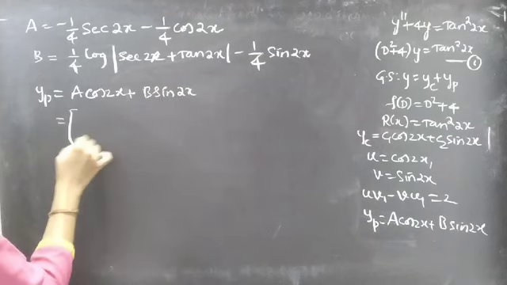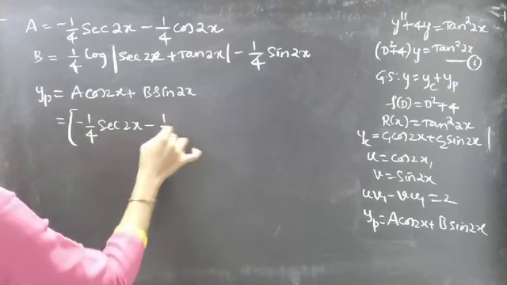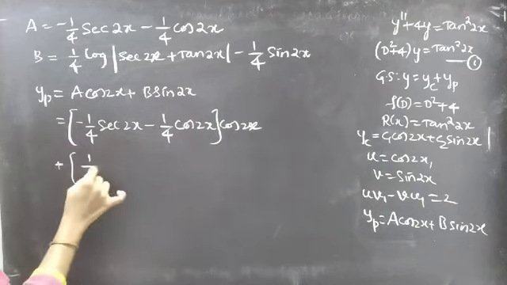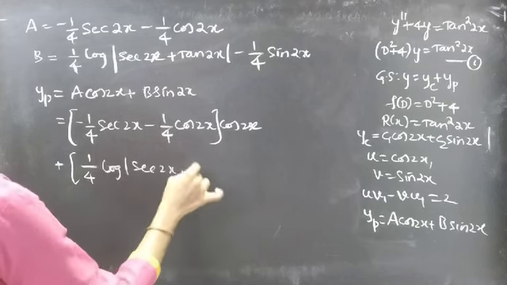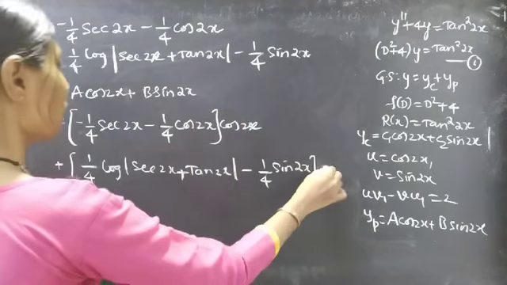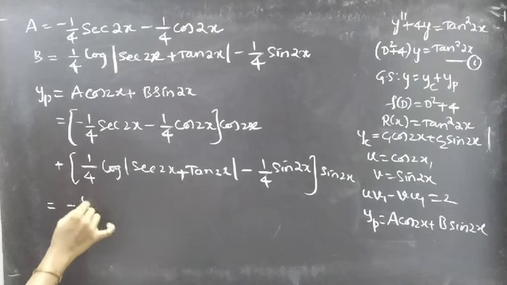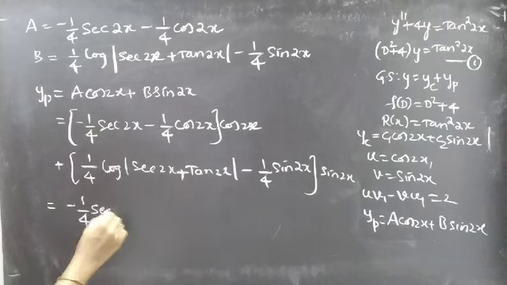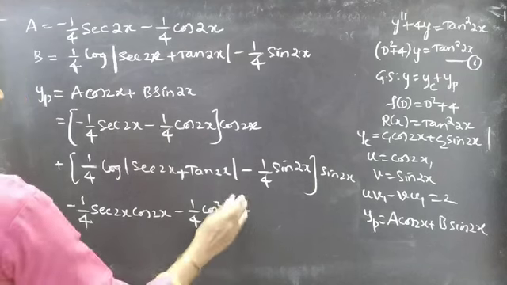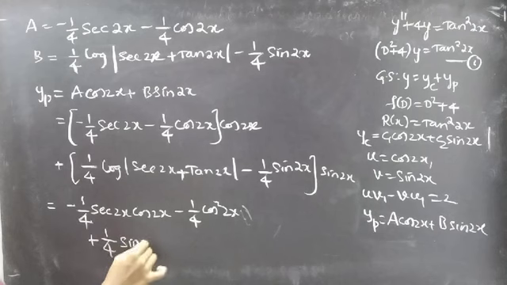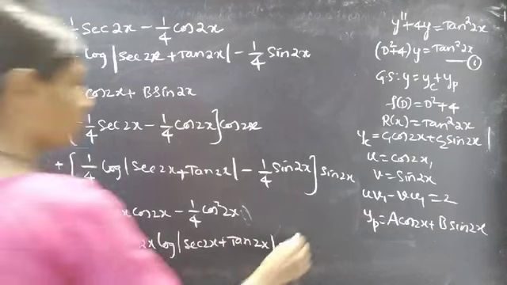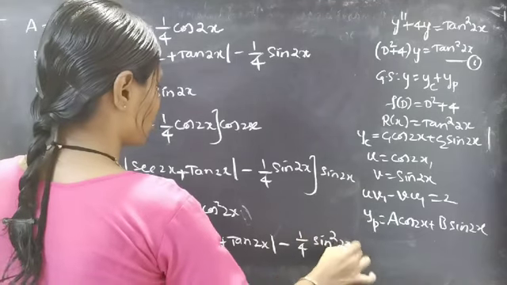Now substitute a and b here, where a is minus 1 by 4 secant 2x minus 1 by 4 cos 2x into cos 2x plus b, 1 by 4 log mod secant 2x plus tan 2x minus 1 by 4 sin 2x into sin 2x, which is equal to minus 1 by 4 secant 2x into cos 2x minus 1 by 4 cos 2x into cos 2x, which is cos square 2x, plus 1 by 4 sin 2x into log mod secant 2x plus tan 2x minus 1 by 4 sin 2x into sin 2x, which is sin square 2x.